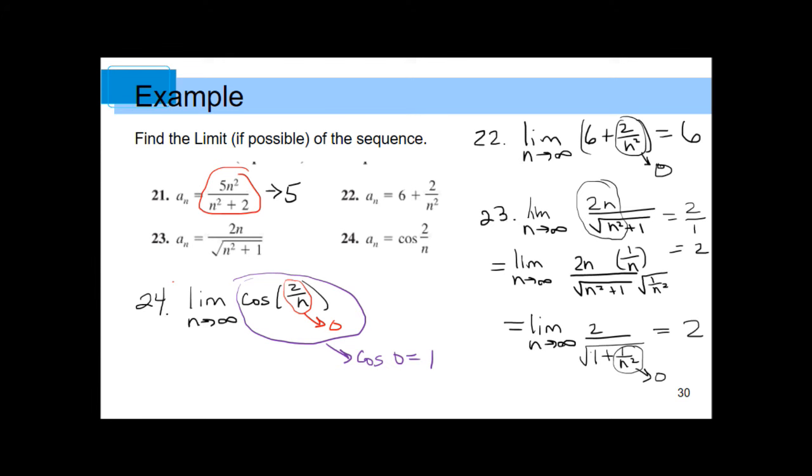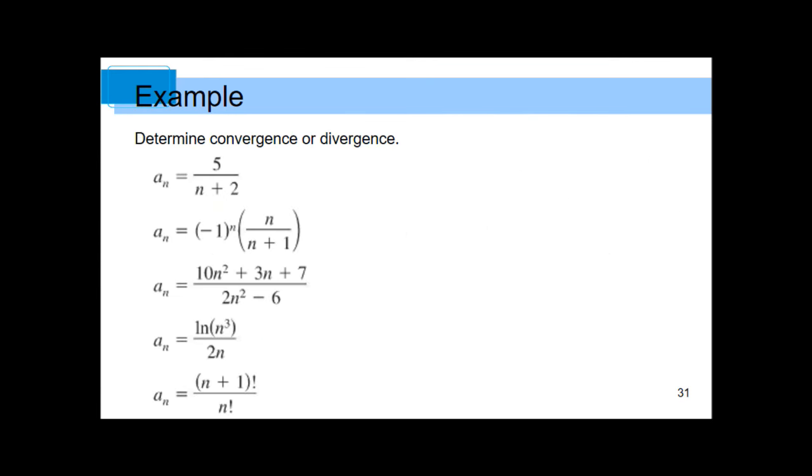All right, we're going to work a few more where we decide whether the sequence converges or diverges. And then we're going to talk about monotonic sequences and bounded sequences. So just real quickly, how can you tell whether this first sequence converges or diverges?